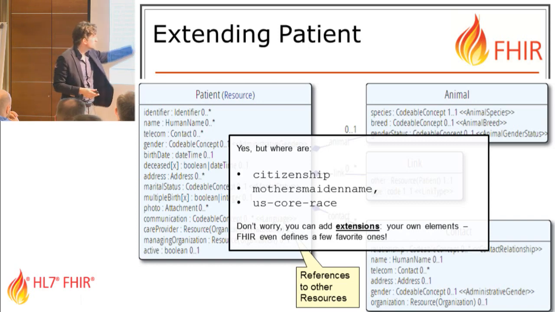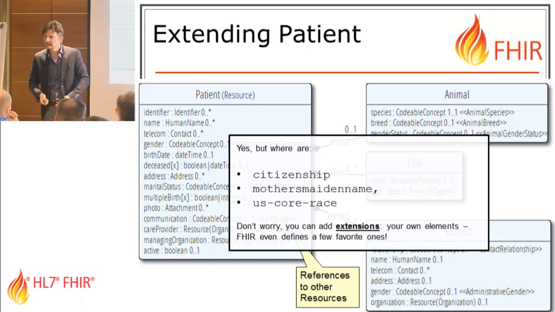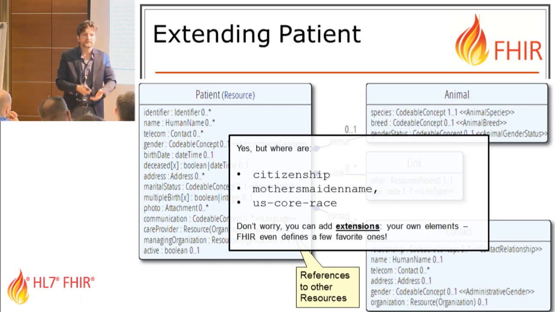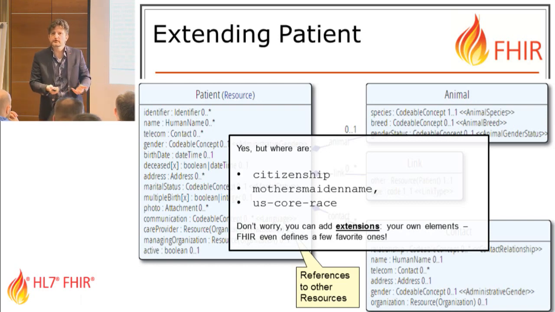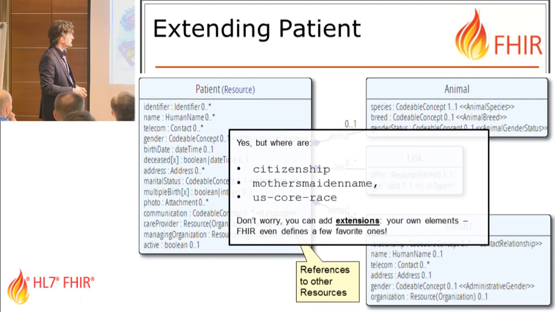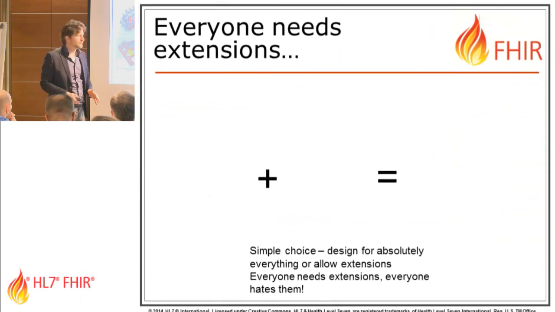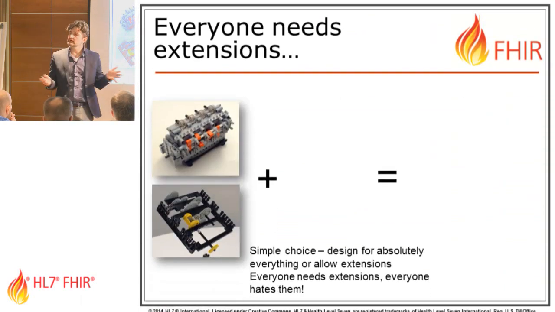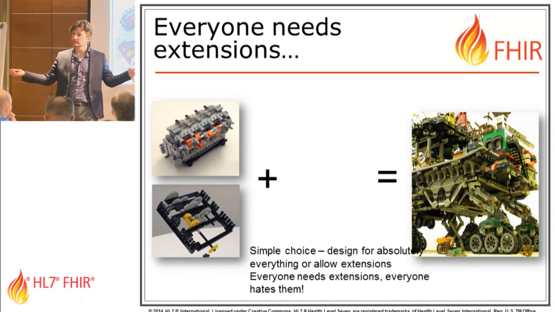So sometimes it's really about fundamental national data, these extensions, and sometimes it's just about data that you need for a specific use case. Both are enabled by extensions in FHIR. And we think there's no choice. You can't make a data standard that covers everything internationally. It's not only about data.